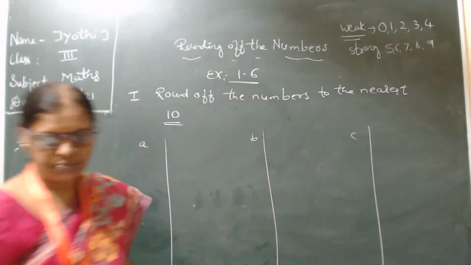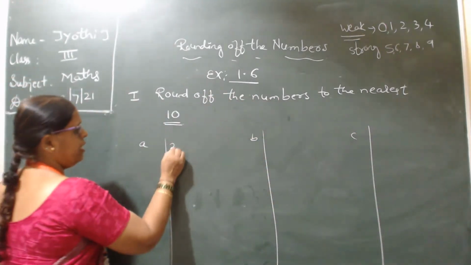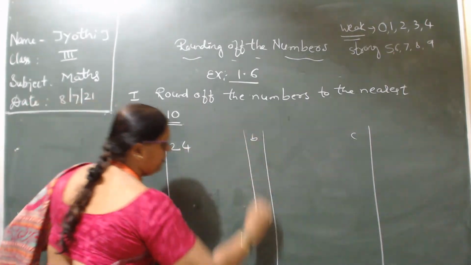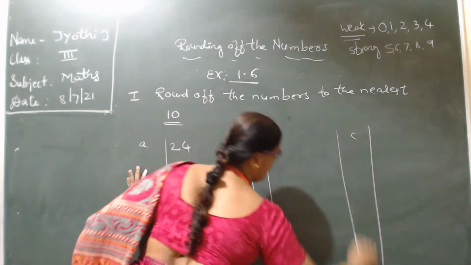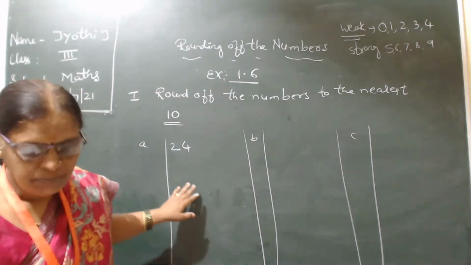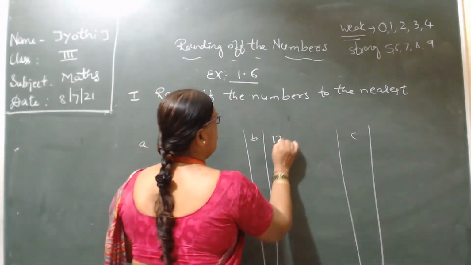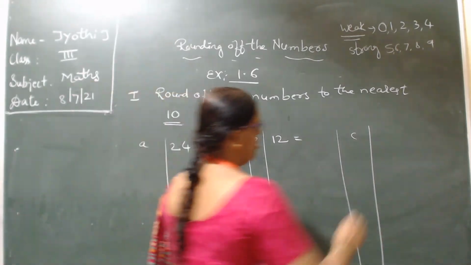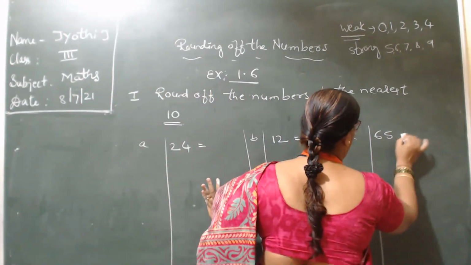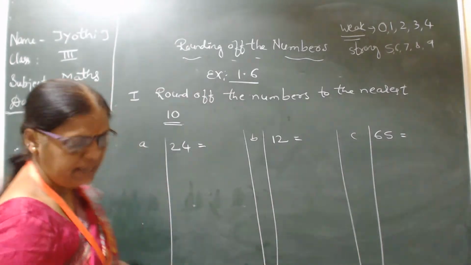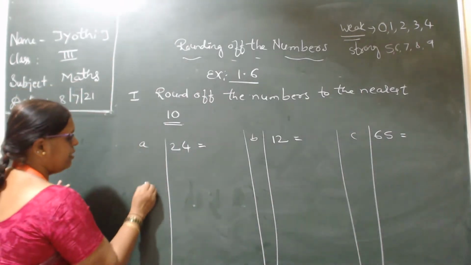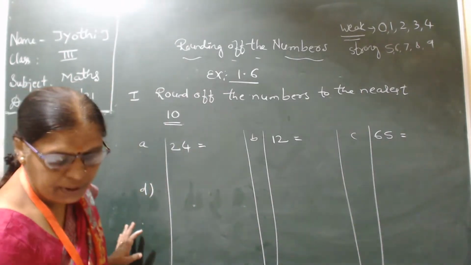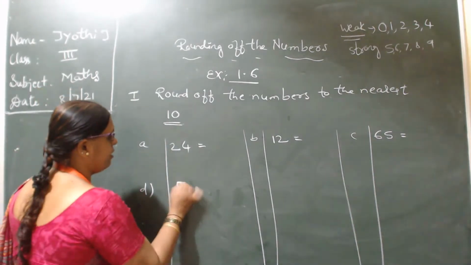Six. First one A, 24. B, 12. C, 65. Next one, D, 89.